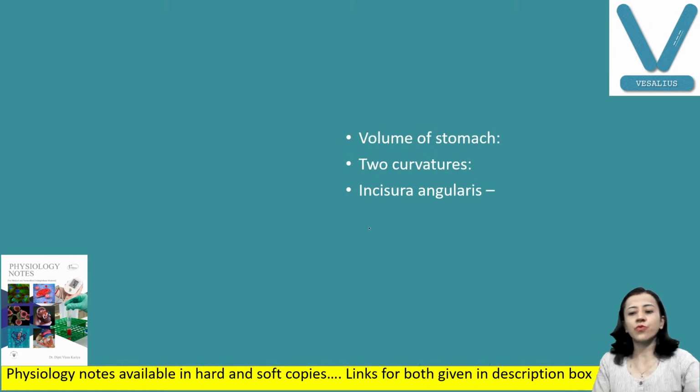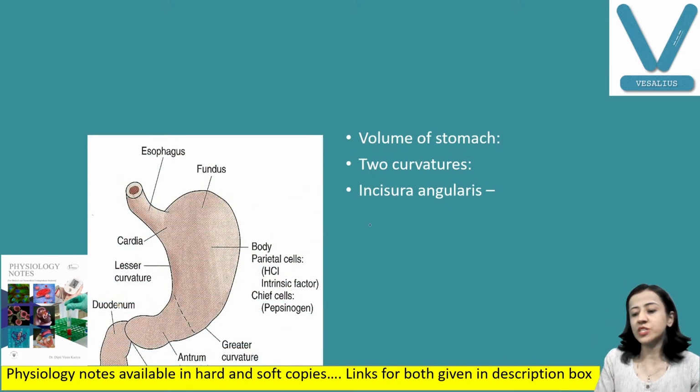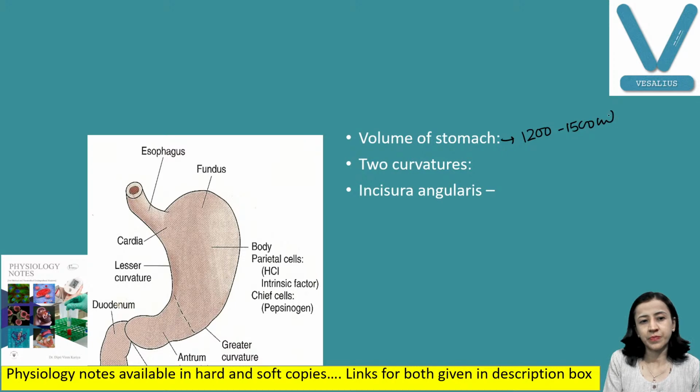Now, how much is the volume of the stomach? How much food can the stomach store? Normally, the stomach can store about 1200 to 1500 ml of food, but its capacity may increase.